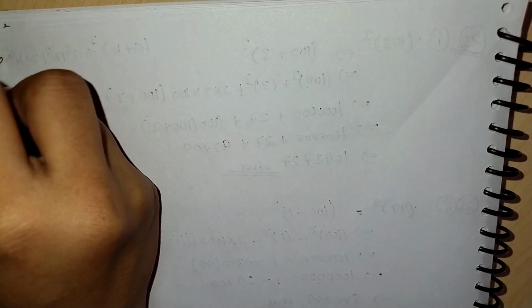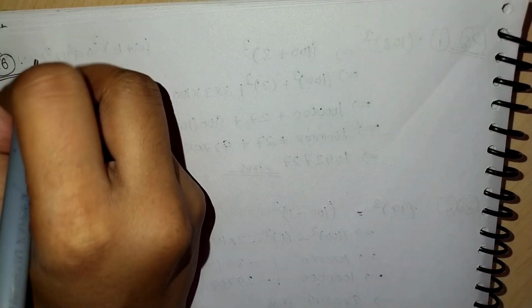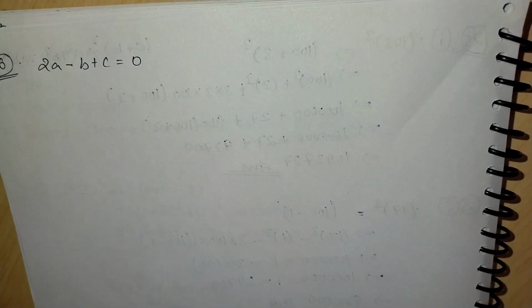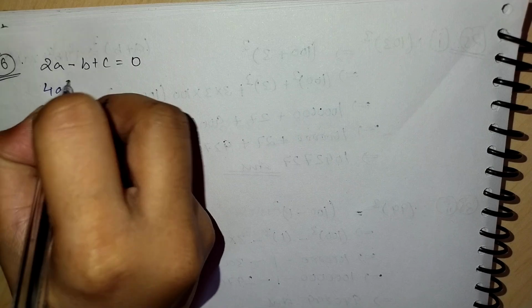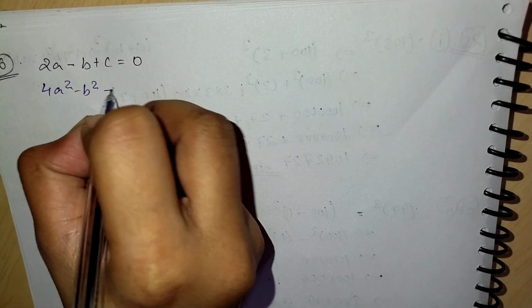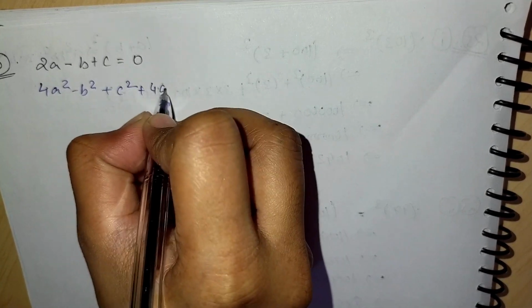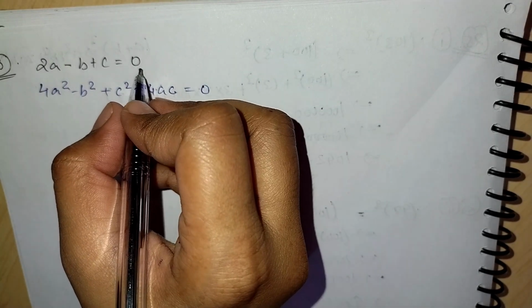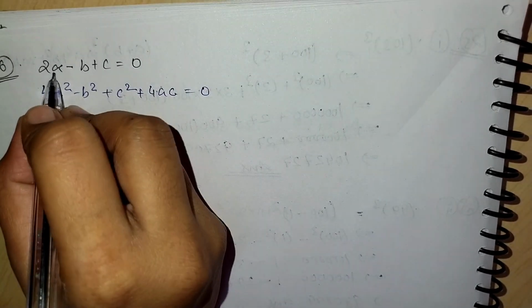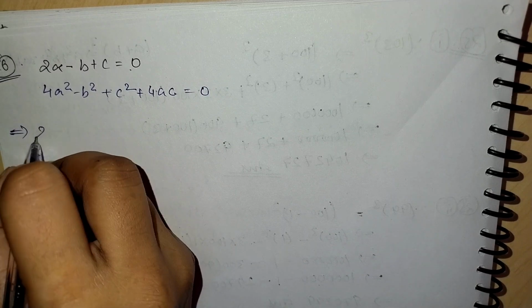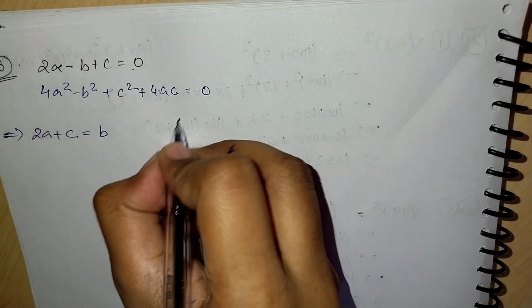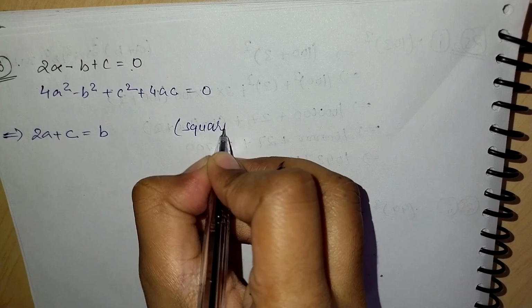Let us solve the 26th question, which says that if 2a minus b plus c equal to 0, then we have to prove that 4a square minus b square plus c square plus 4ac is equal to 0. So here this is equal to 0. So we can write this, on solving, 2a plus c equal to b. So let us square both sides.